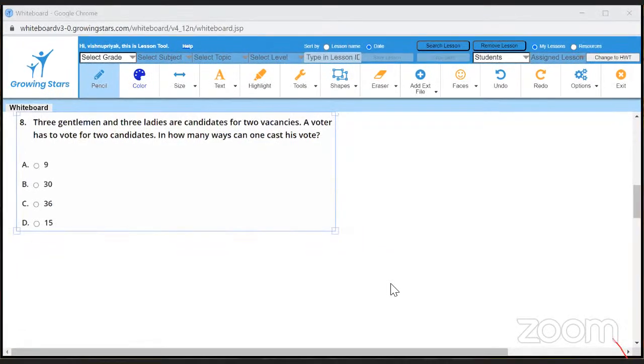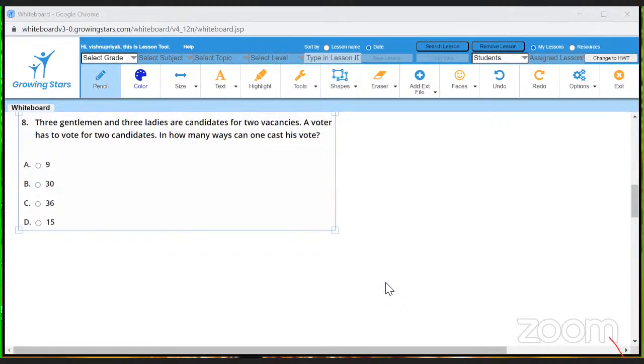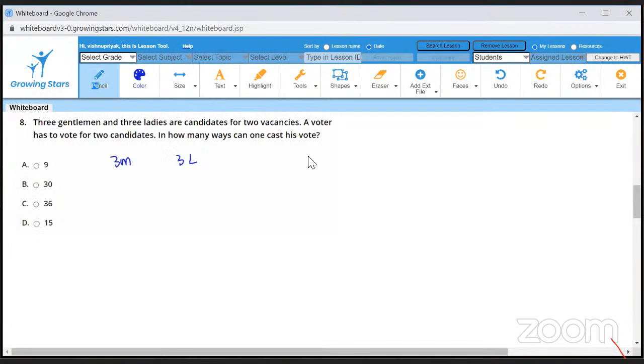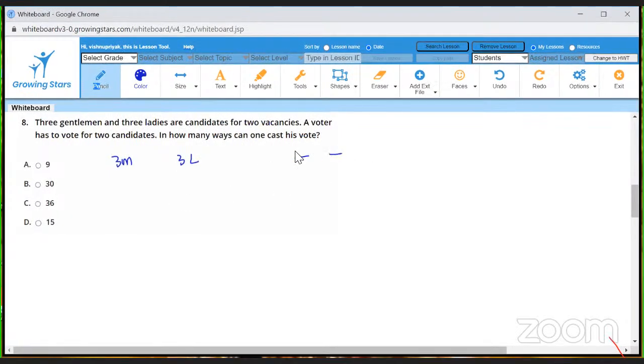3 gentlemen and 3 ladies are candidates for 2 vacancies. A voter has to vote for 2 candidates. In how many ways can one cast his vote? So total 3 men and 3 ladies. There are 2 vacancies. A voter can vote for any 2 candidates, men or ladies.